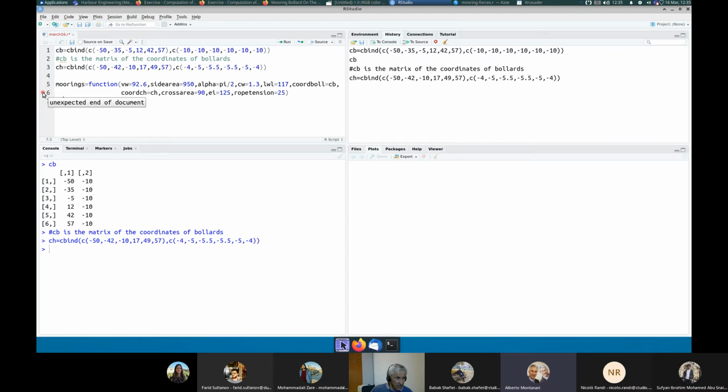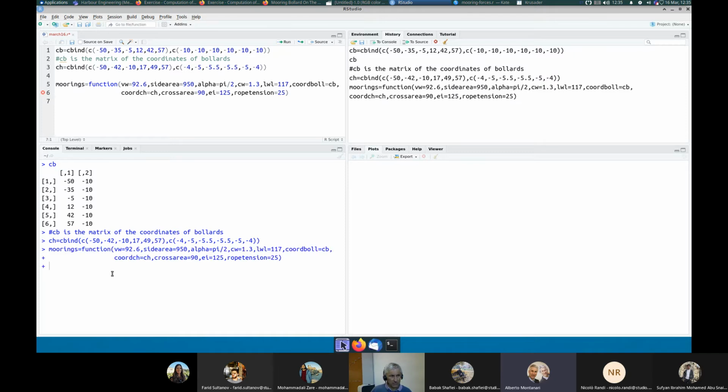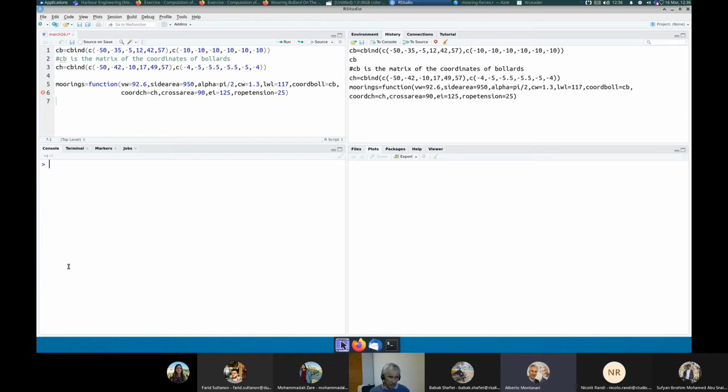And look here, at the line 6, there is a warning, unexpected end. What does it mean? It means that the document cannot end here, okay? It's a synonym of the plus that you would get in the console. If here you run it, you get the plus. And in the script, you get a synonym, which is the warning, unexpected end. Now, in the console, let me cancel the instruction, and let me clear the screen.